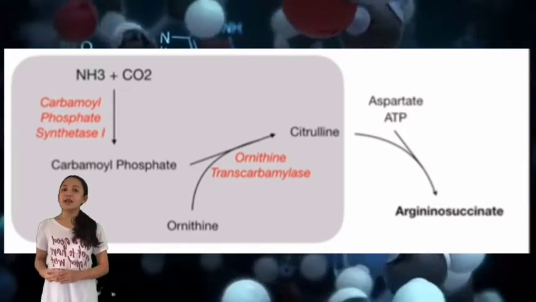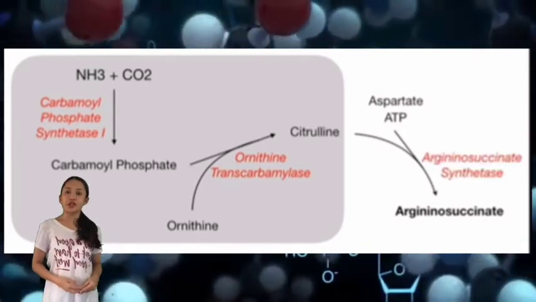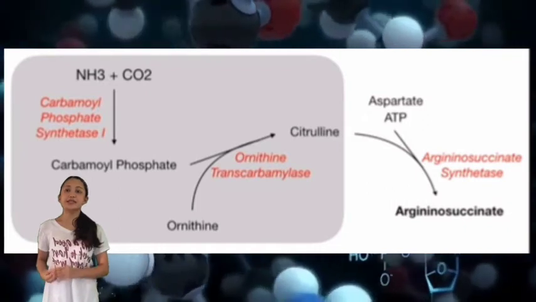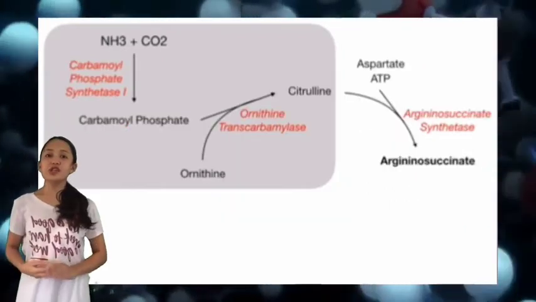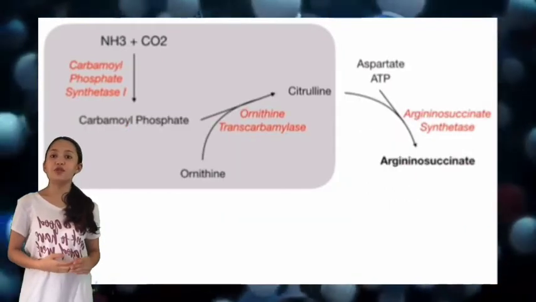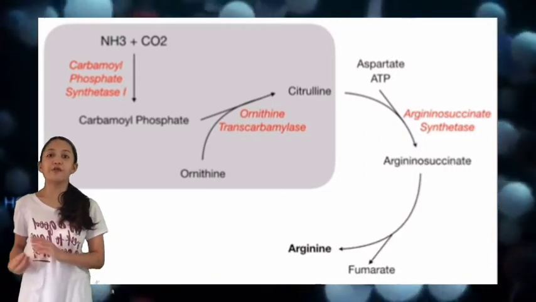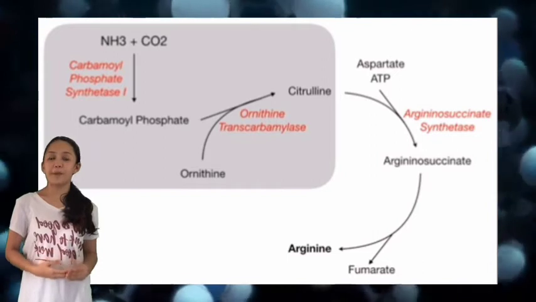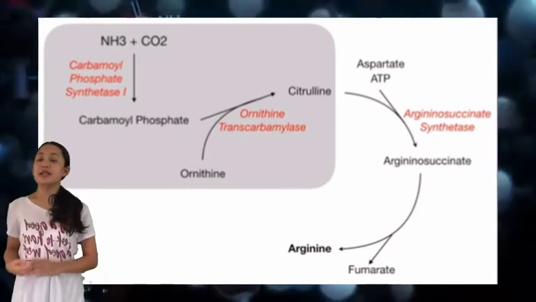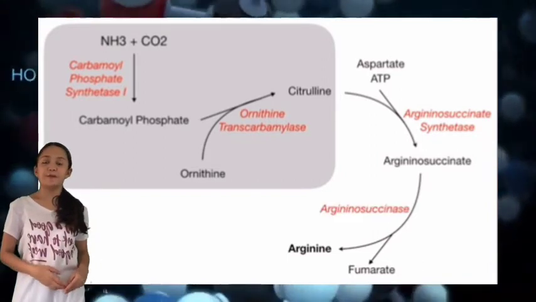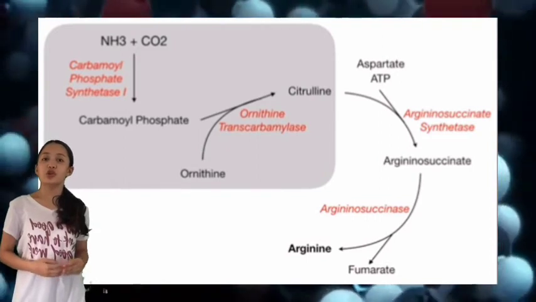The enzyme that catalyzes this conversion is argininosuccinate synthetase. Now, the argininosuccinate will go on to form arginine, and in the process, it will spit off a fumarate as a byproduct. The enzyme that catalyzes this conversion is called argininosuccinase.